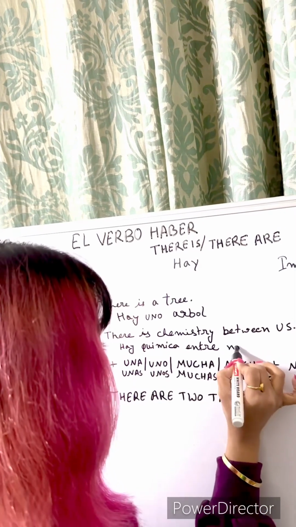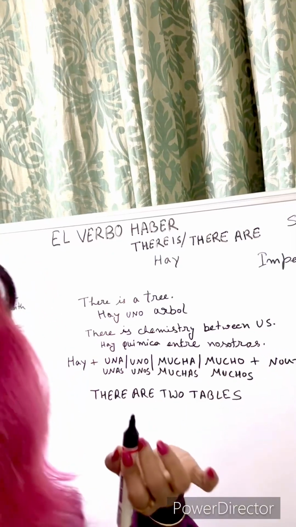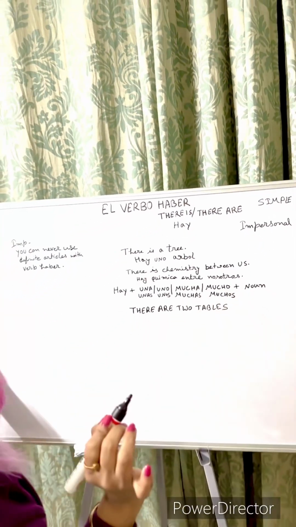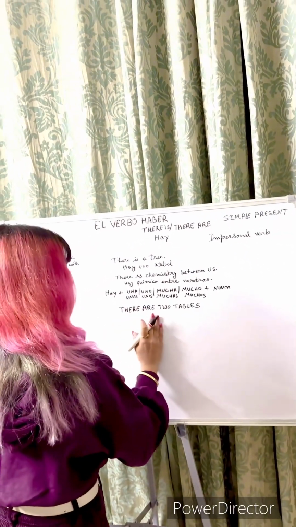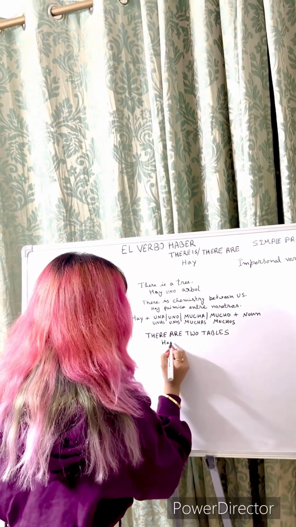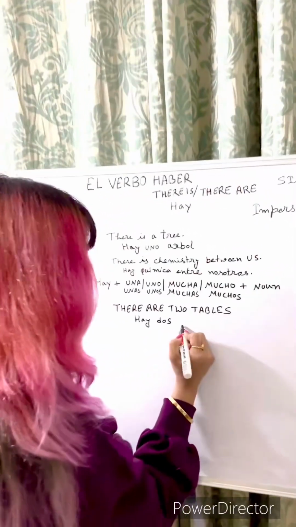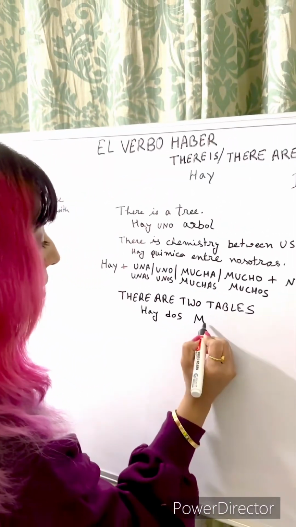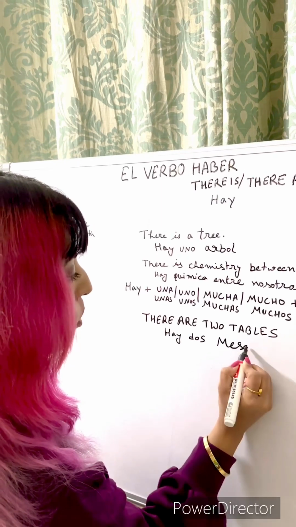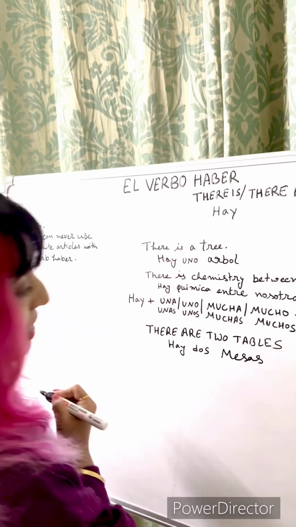Nosotros, us. Hay química entre nosotros. And there are two tables. So for there are again hay, for 2, dos. Tables is mesa. But for plural, dos mesas.